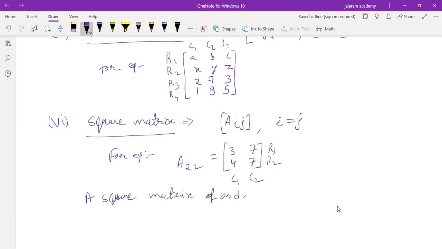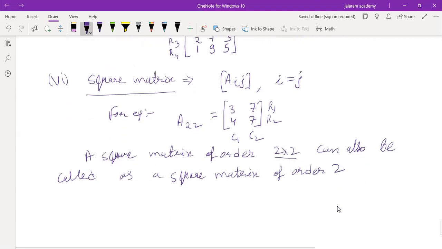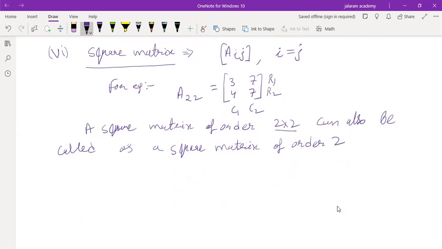A square matrix of order 2 cross 2 can also be called a square matrix of order 2. Is that clear to you? Why say 2 cross 2? Just say 2 directly. Did you understand? Square matrix.